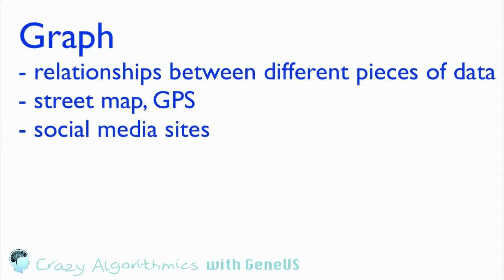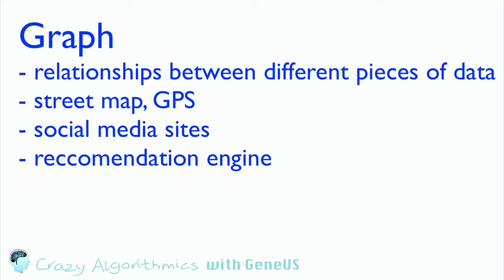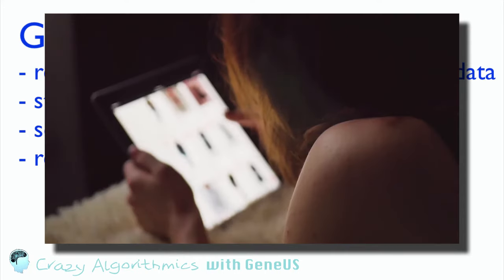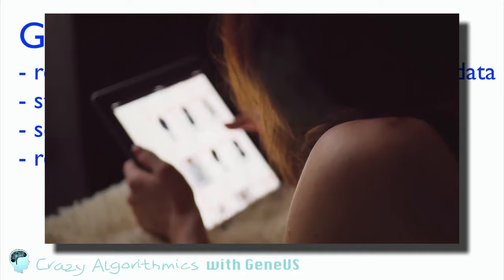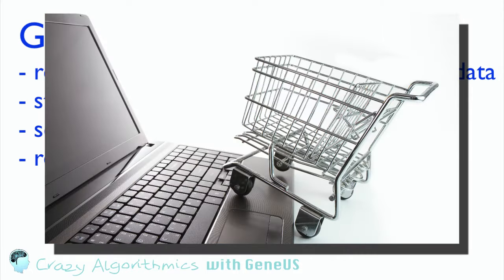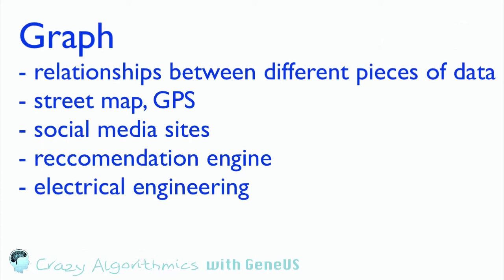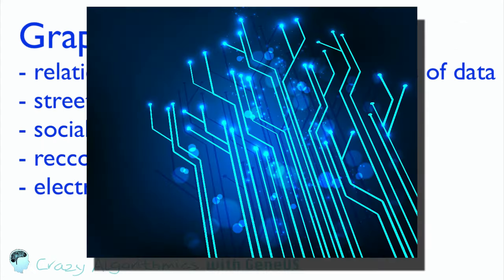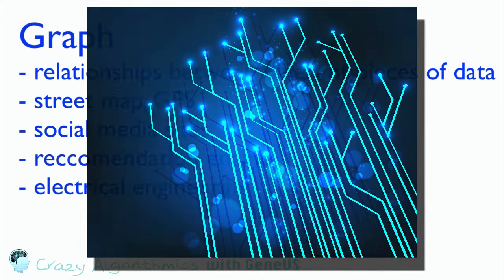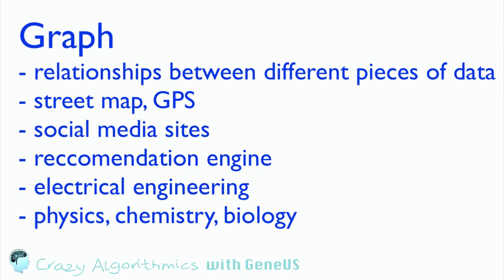That suggestion mechanism is a close cousin of recommendation engine. What the customer may buy based on their purchasing history. That's a huge one right now, especially with all the shopping shifting online. We can go into electrical engineering, like modeling circuit connections, into physics, chemistry, biology.